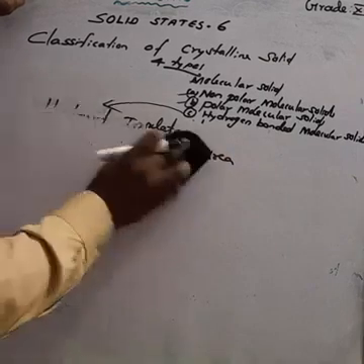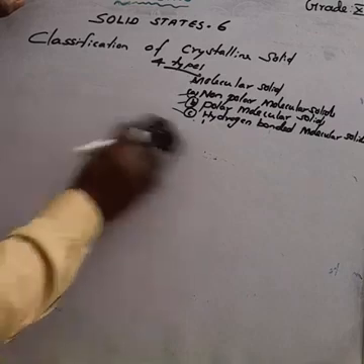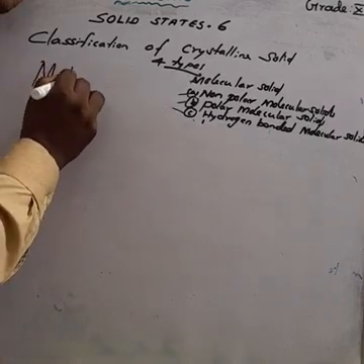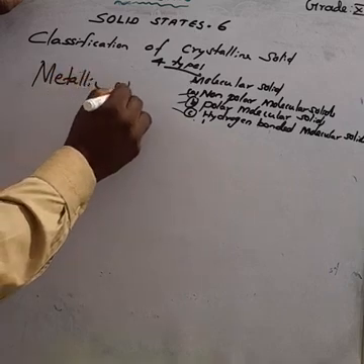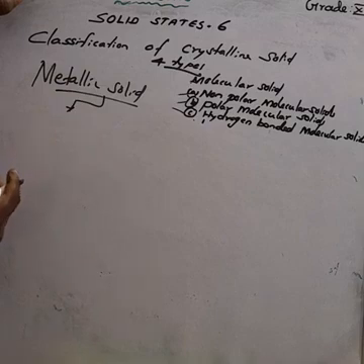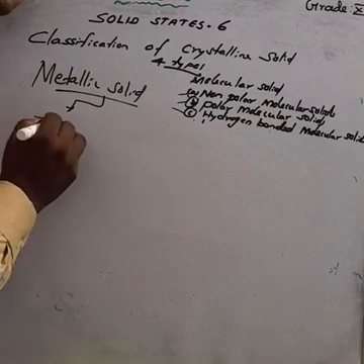Next, an important one, metallic solid. In metallic solid, the lattice points are occupied by positive metal ions.